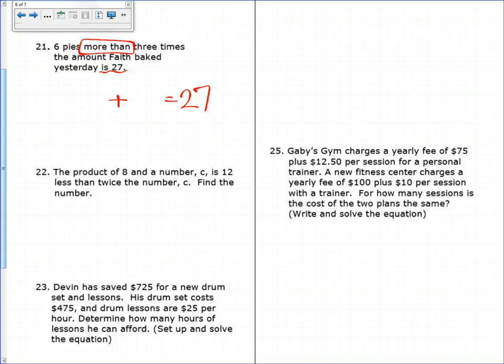We're looking for the amount of pies that Faith baked. So that's going to be our x. 3 times that would be 3x. And then 6 pies more would be plus 6. So your final equation is 3x plus 6 equals 27.